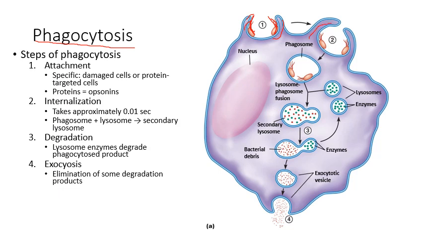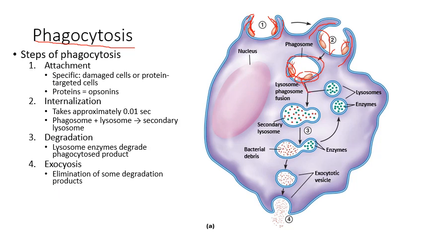You get the pseudopods moving around, and eventually you get what's called the phagosome, this vesicle filled with those foreign bodies. You have lysosomes in there. Lysosomes contain enzymes that are going to basically chop up proteins, chop up whatever is in this phagosome.